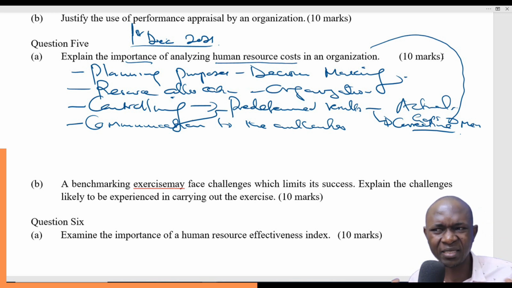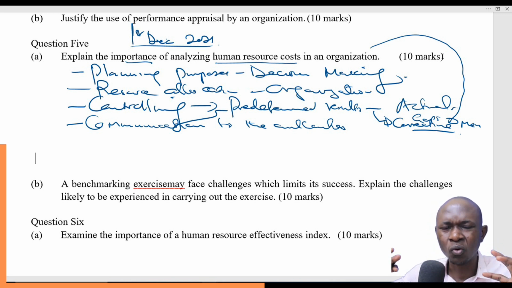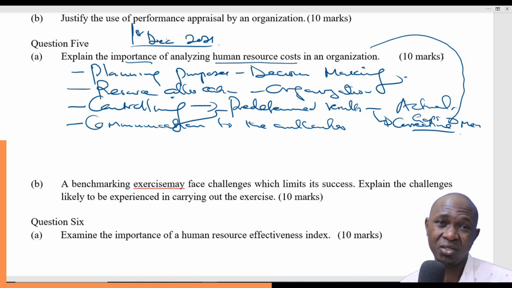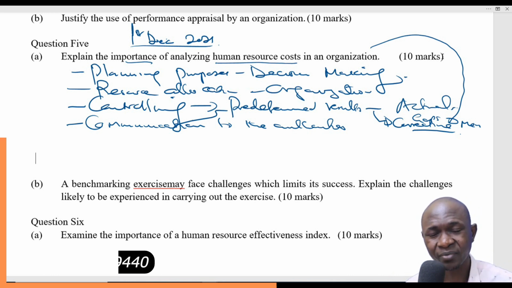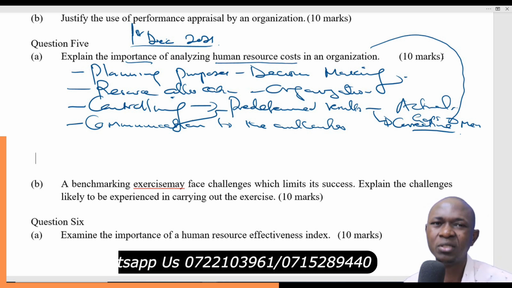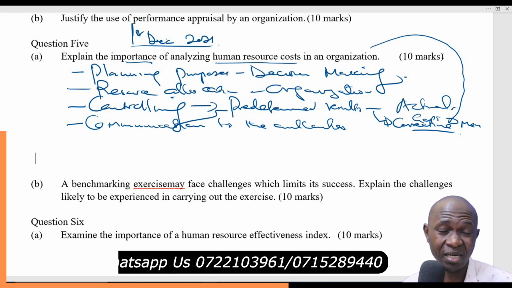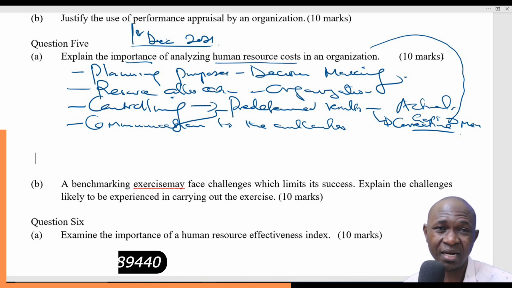When you analyze the human resource costs, analyzing means that you go deeper into understanding and classifying them, and then presentation becomes very easy in a manner that you can easily be understood. Especially when you talk about figures, figures take the points home, as opposed to just coming up with general statements which may leave a lot of questions unanswered.